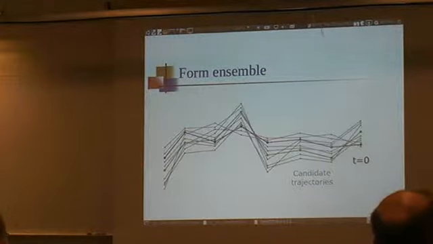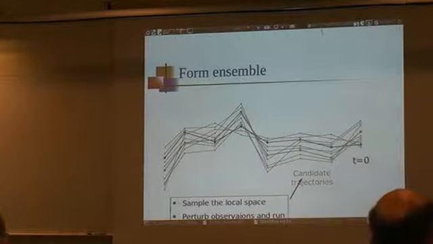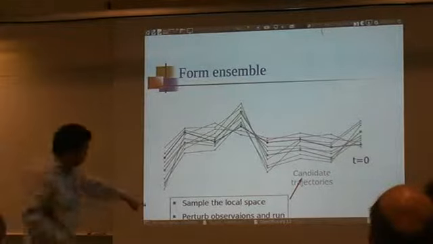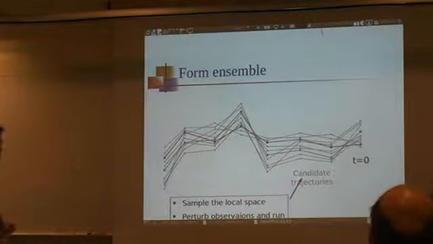To do that, we first generate a bunch of candidate trajectories. We often either sample the local space or perturb the observations and run the gradient descent again.